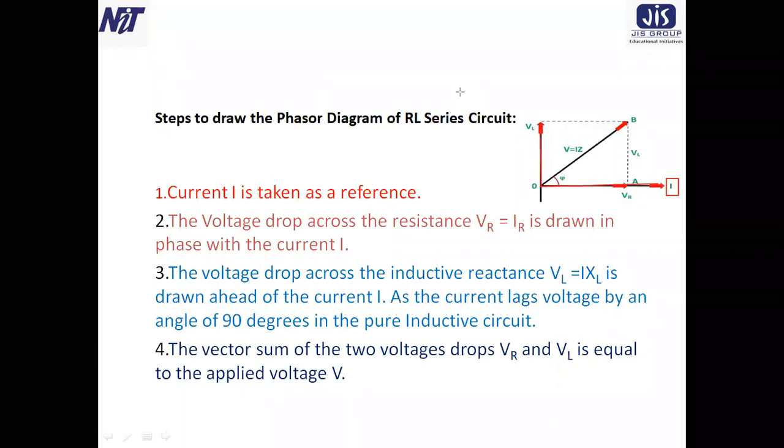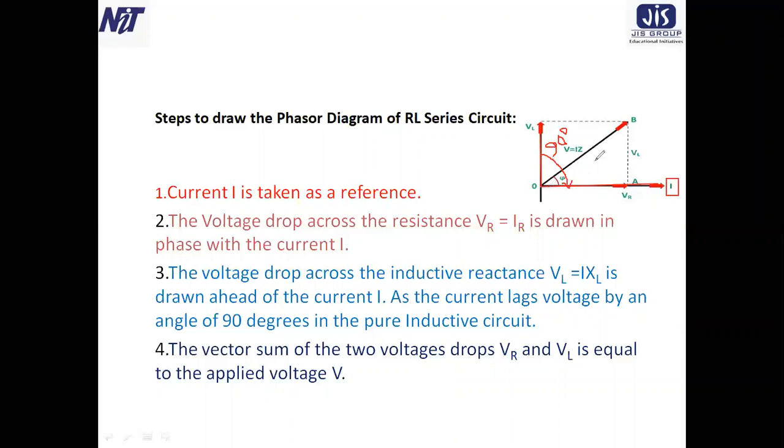So current is lagging behind voltage at an angle 90 degree. So for inductive circuit, this is the property of the inductive circuit. Current is always lag behind the voltage, or you can say in a different way that the inductive voltage is leading at an angle 90 degree from the current.